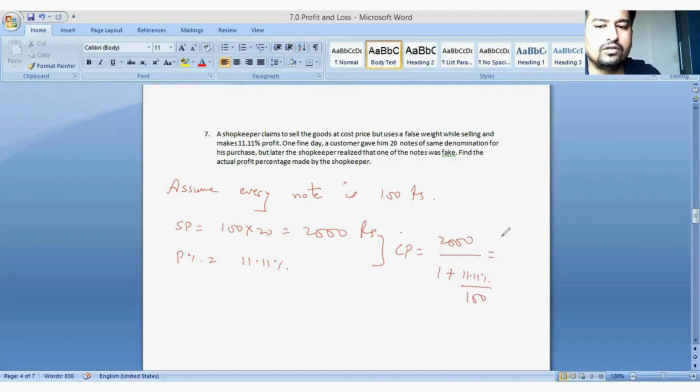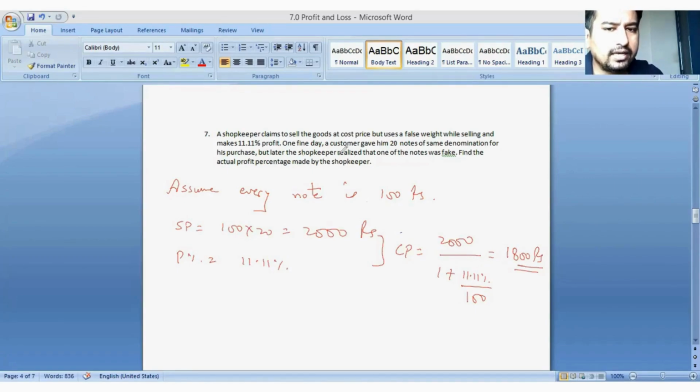When you solve it, the value you will get is 1800 rupees. So the cost price is 1800, the selling price is 2000 rupees, and it's going on fine. This is happening in terms of volume, but because the profit is given, we're taking it in terms of selling price, so we have calculated the cost price also in terms of rupees.